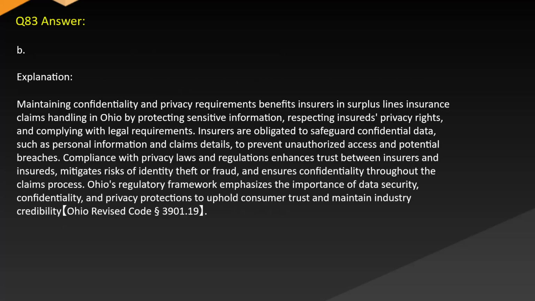Answer: B. Explanation. Maintaining confidentiality and privacy requirements benefits insurers in surplus lines insurance claims handling in Ohio by protecting sensitive information, respecting insured's privacy rights, and complying with legal requirements. Insurers are obligated to safeguard confidential data, such as personal information and claims details, to prevent unauthorized access and potential breaches.